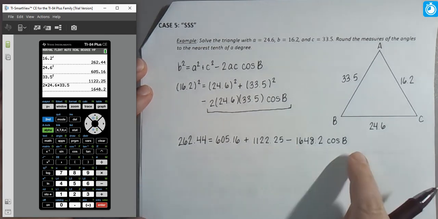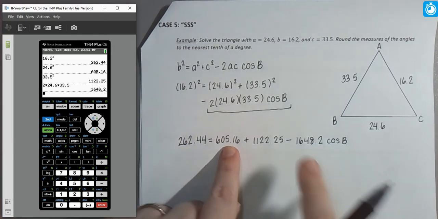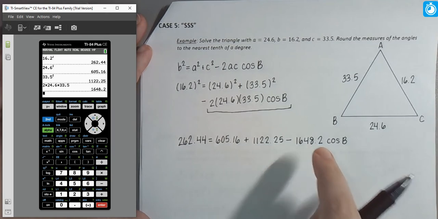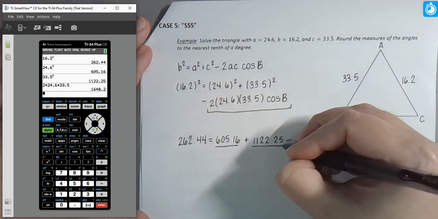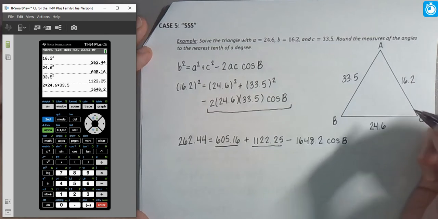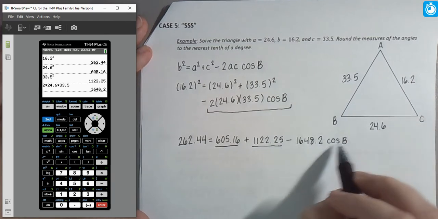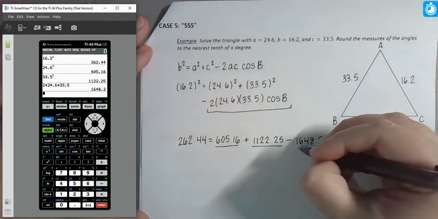Now here is where it gets a little bit more tempting to do what I described that you're not supposed to do. You immediately think, okay, I want to combine these and then subtract this. You cannot do that. This and this, those are both like terms. They can be combined, but this whole term has a variable as part of it. So it is not a like term with the other two.